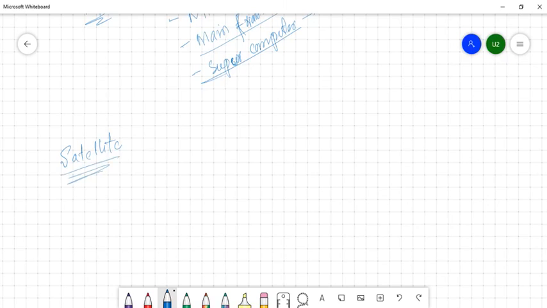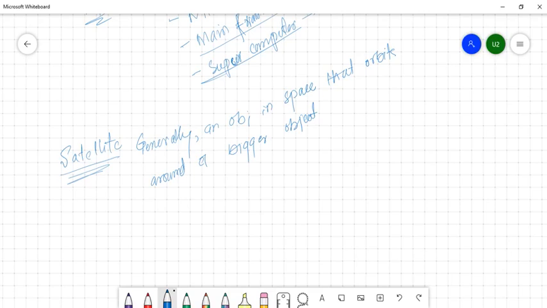So let us define satellite now. Generally, a satellite is an object in space that orbits around a bigger object or celestial body.